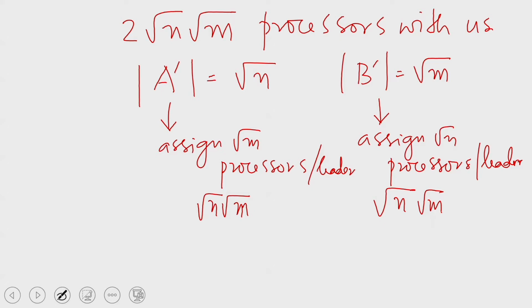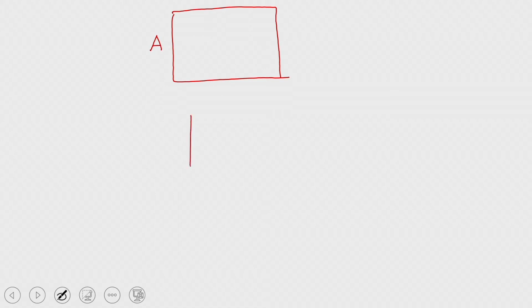So, once we have allocated the processors, what we do is this. Let me visualize the two arrays A and B as two-dimensional arrays. A is a root n by root n two-dimensional array.